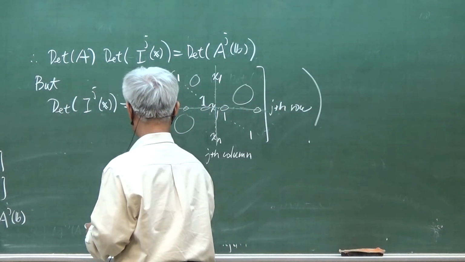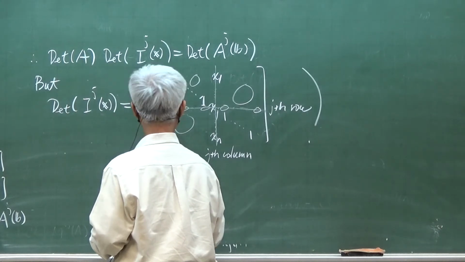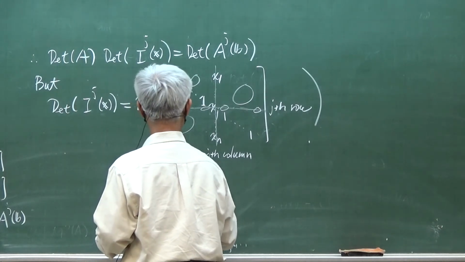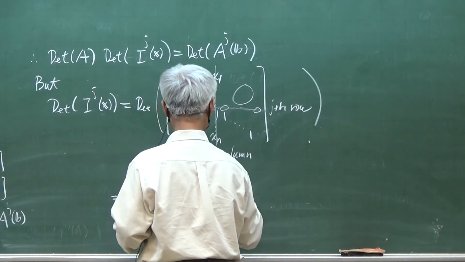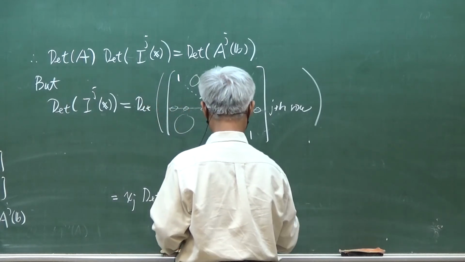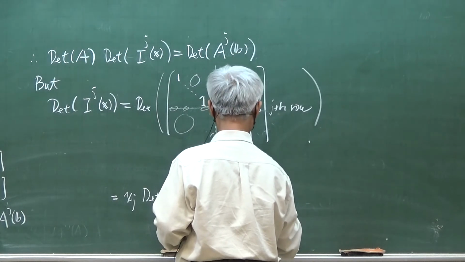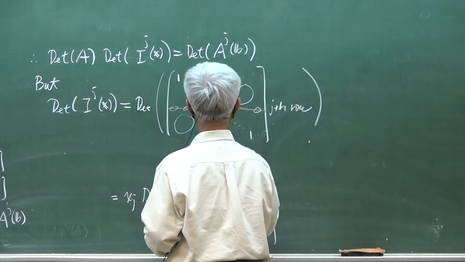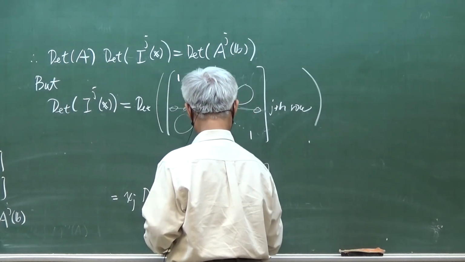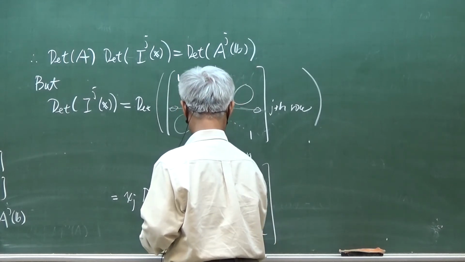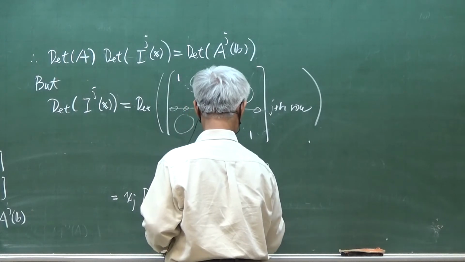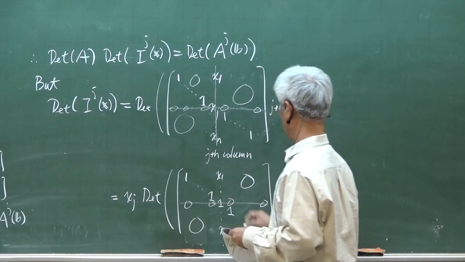So this is x_j times the determinant of the matrix with 1s on the diagonal, the column x1 to xn at the top, and 0s elsewhere.